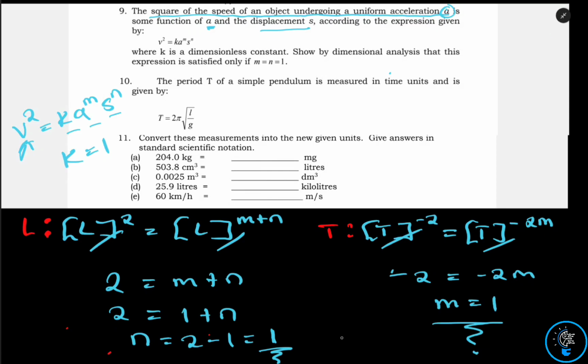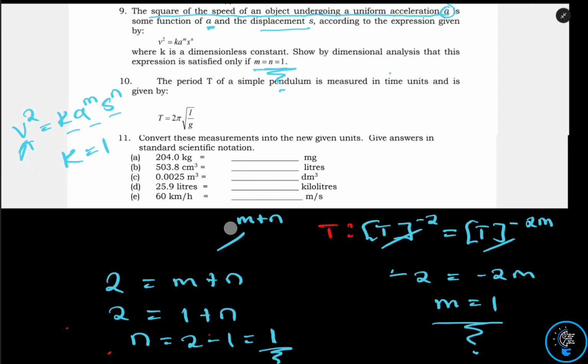We have shown that this particular equation is satisfied when n is equal to 1 and m is equal to 1. So we have shown by dimensional analysis that the expression is satisfied only if n is equal to 1 and m is equal to 1. So that's how we go about a question of this kind.